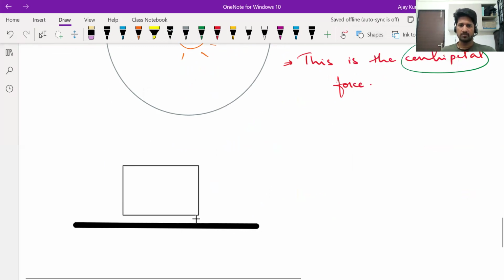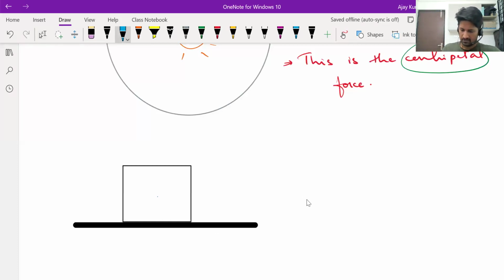Okay, simply a box placed on a horizontal surface. If I ask you what forces act on it, what is your answer? Weight and normal force. Okay. Weight is the gravitational pull of the Earth. Normal force is the supporting force exerted by the surface.